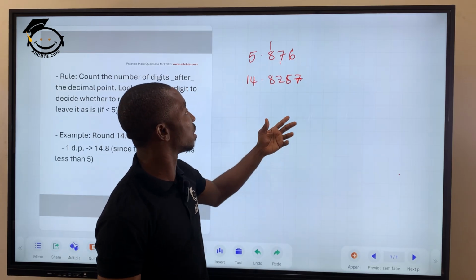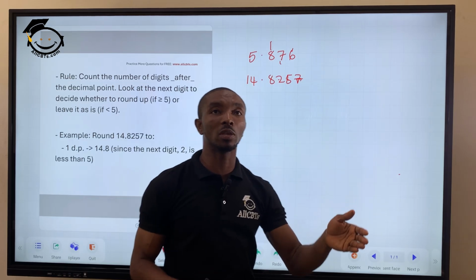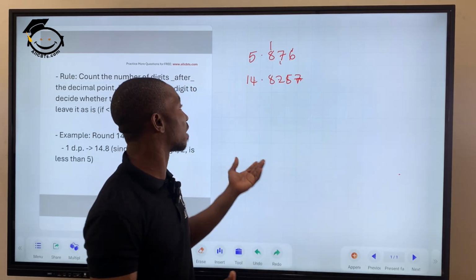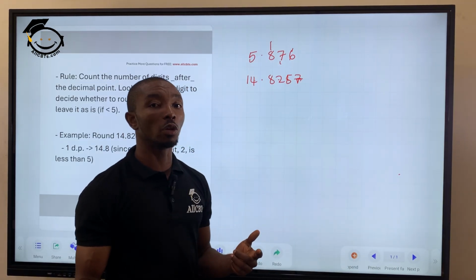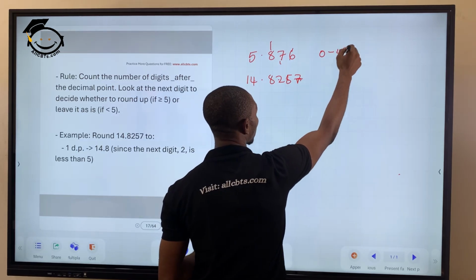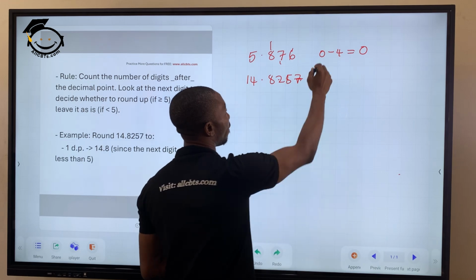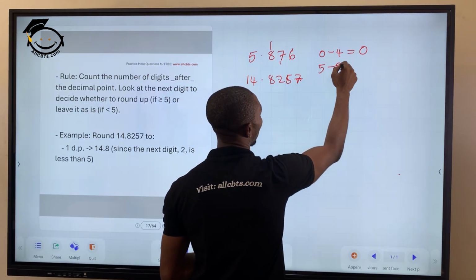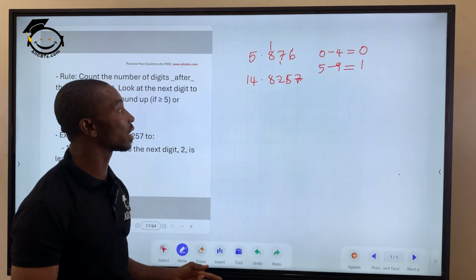Three decimal places, three decimal numbers after the decimal point. And four decimal places will be four numbers after your decimal point. But most importantly, we should also remember that 0 to 4, we round it down to 0. Then 5 to 9, we round it up to 1 and add to the next number.